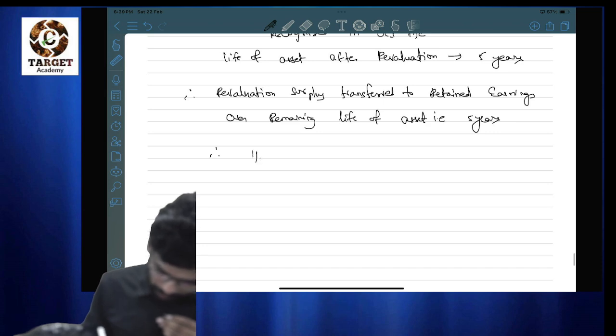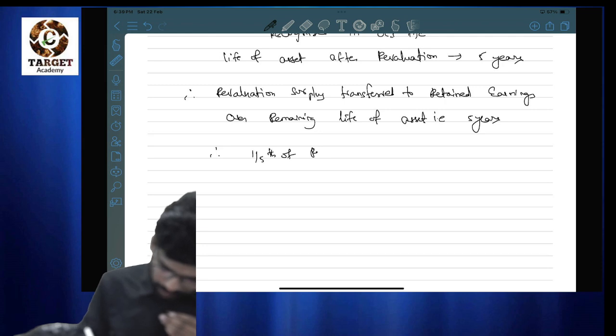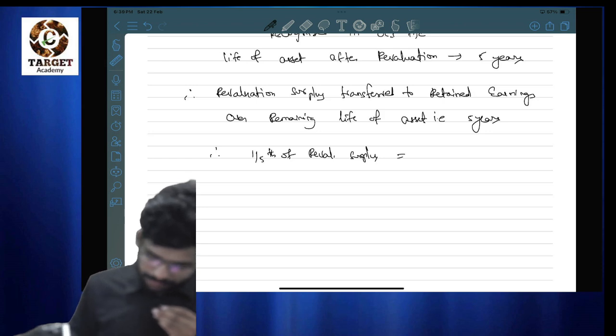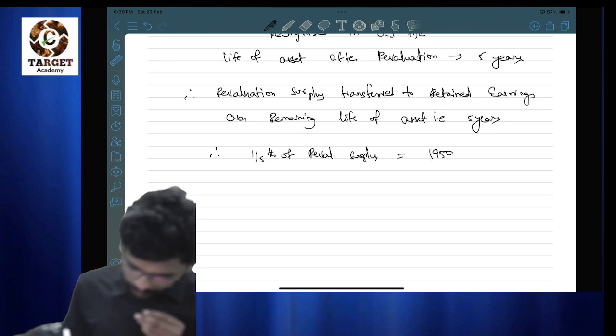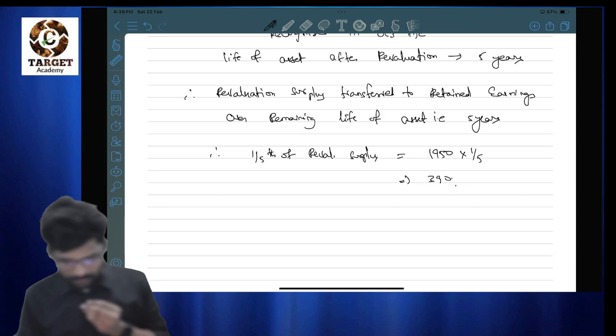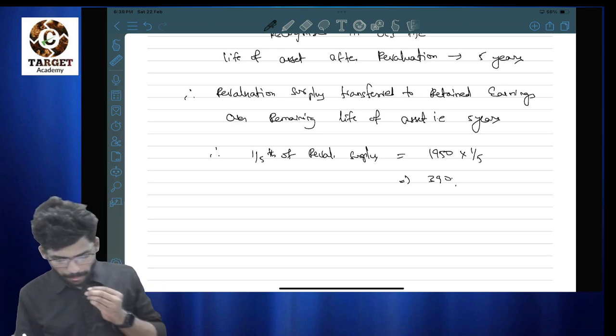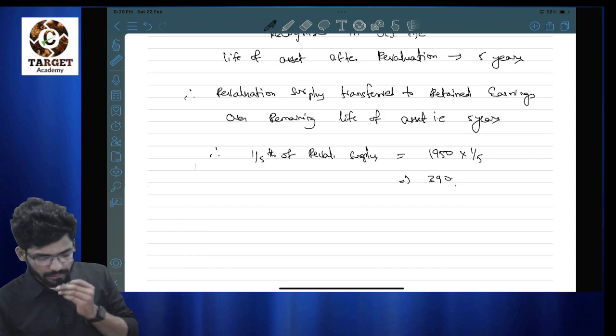Therefore 1/5 amount of revaluation surplus equals 1950 into 1/5. Therefore amount transferred to retained earnings, how much? 390. That's it.